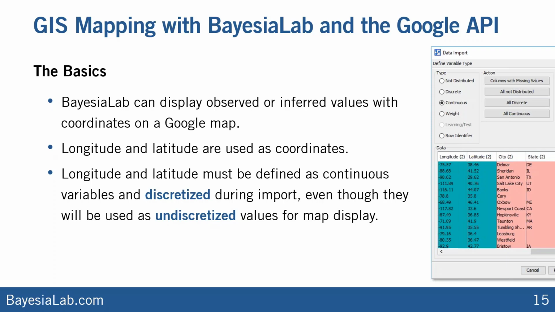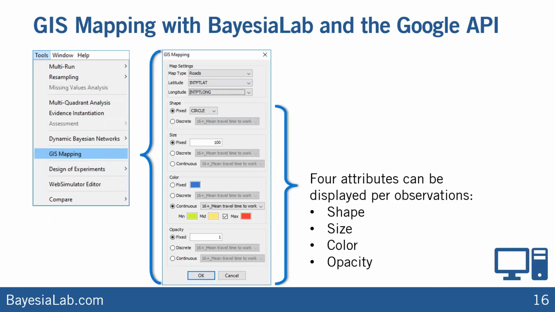So don't get worried that too few bins might produce too coarse of a map picture. That will not happen. So how do you go about the mapping function in BayesiaLab?